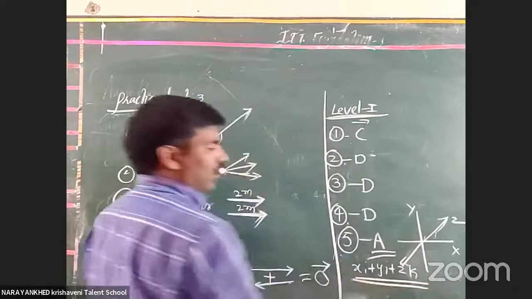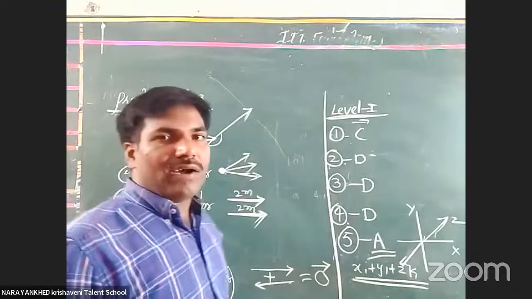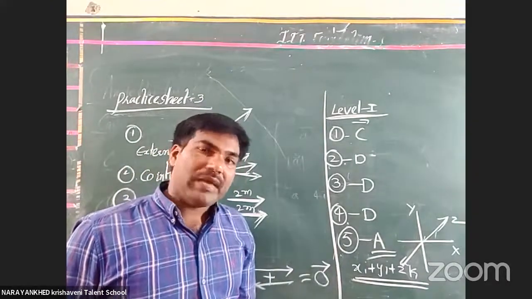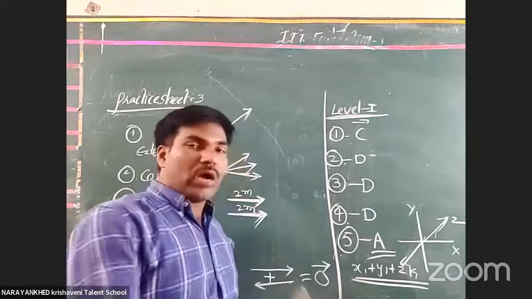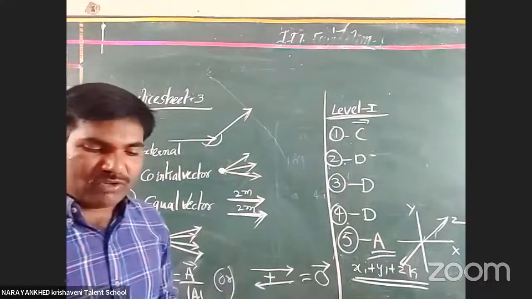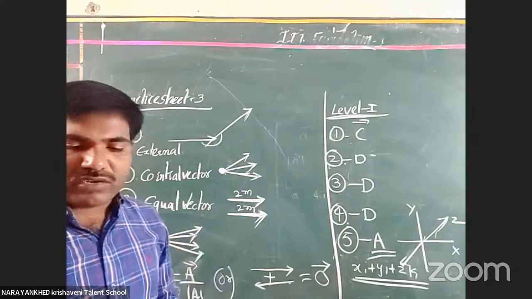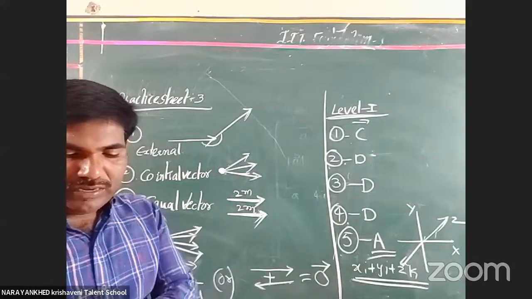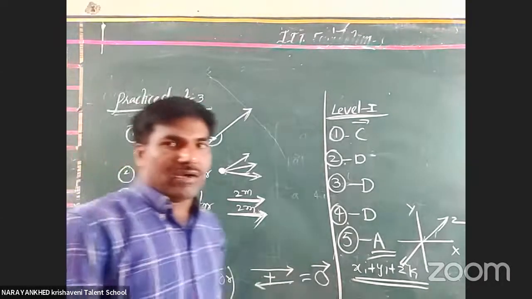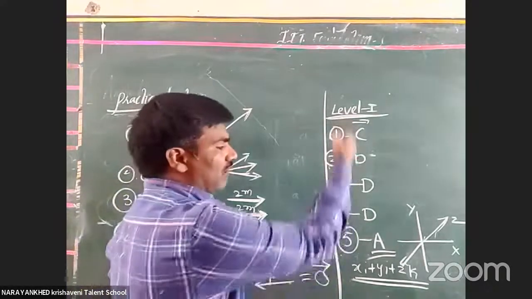This is called a space vector. In case only two components are there, it is called a 2D vector, a two-dimensional vector. Otherwise, if it contains only one component, it is called an axial vector or a one-dimensional vector. Got it? These are the level 1 answers.